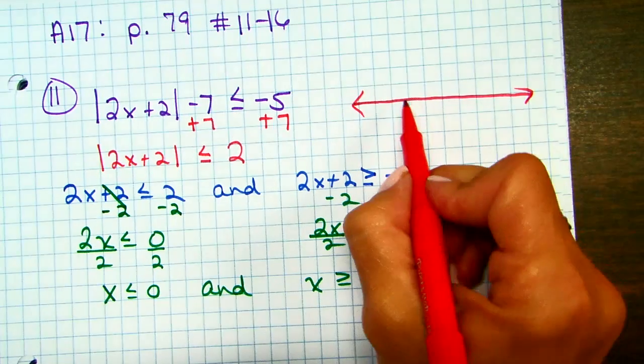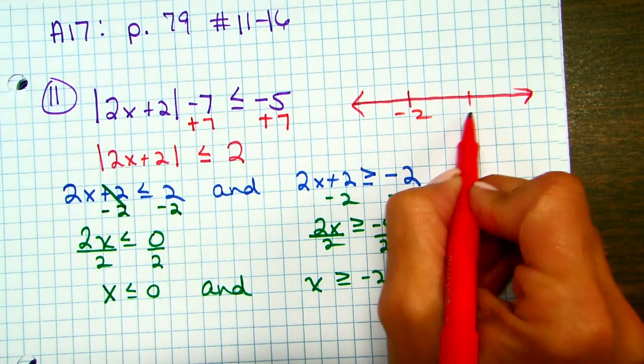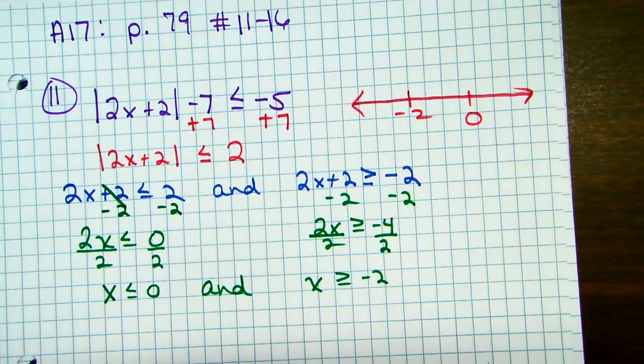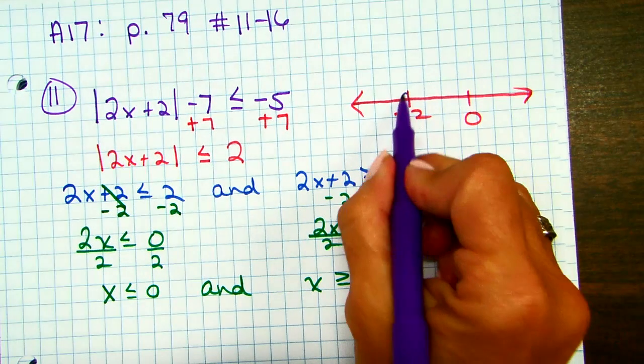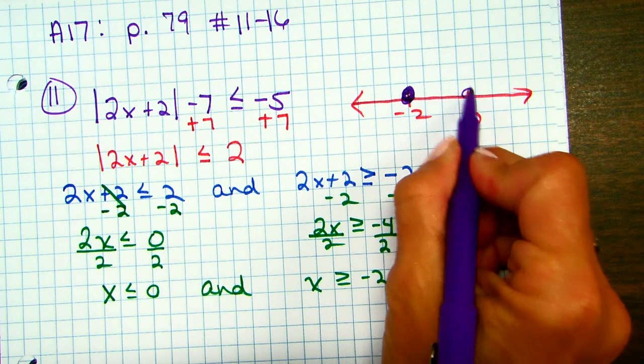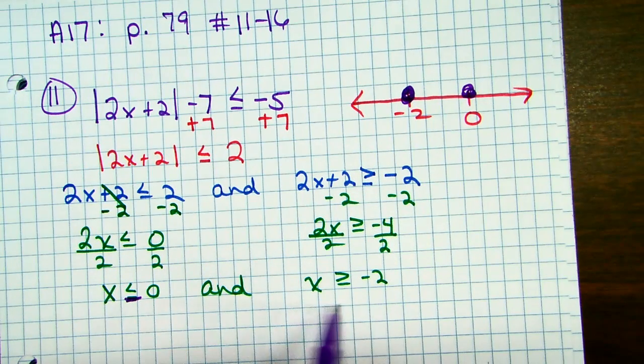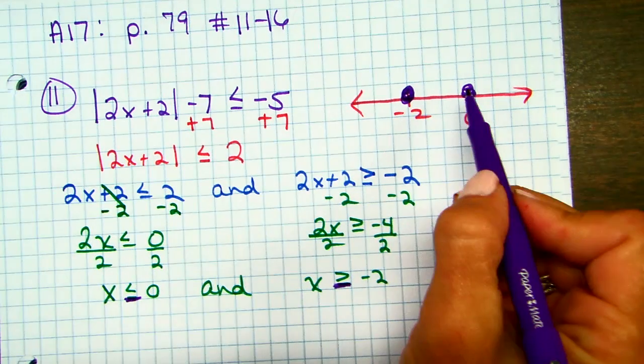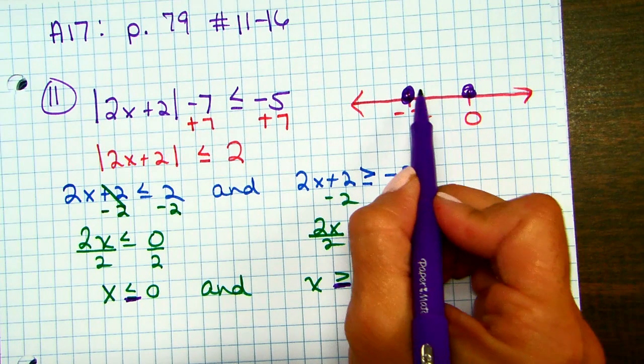So I already have 0. Those are the only two numbers I need to put on, least to greatest. So I want all the numbers less than 0, greater than negative 2. First of all, we know they're both going to have a closed-in circle, because the equal to sign means closed circle. And we want the numbers less than 0 and greater than negative 2.